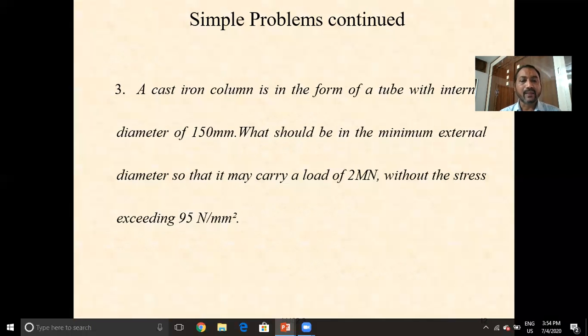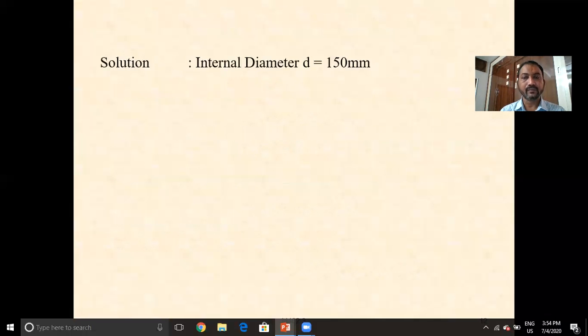Here the load is given, the internal diameter is given and the maximum stress is given, and we are supposed to find out the minimum external diameter of the column. Coming to the solution, the given data: the internal diameter, small d, is equal to 150 millimeters.